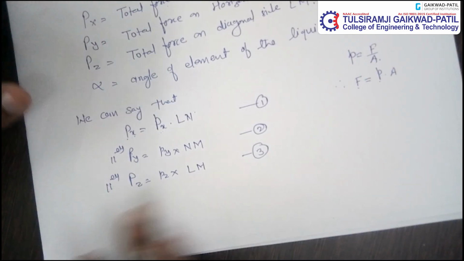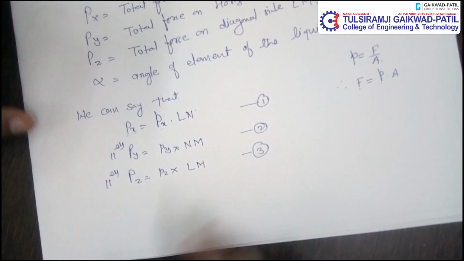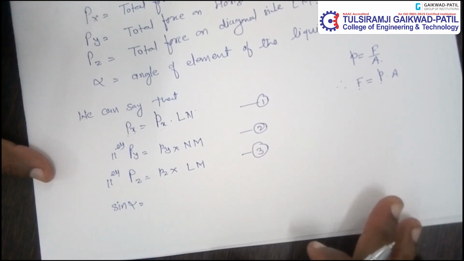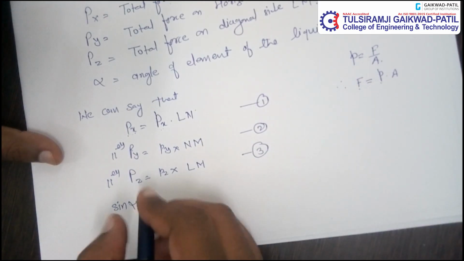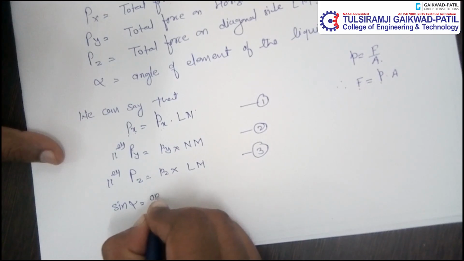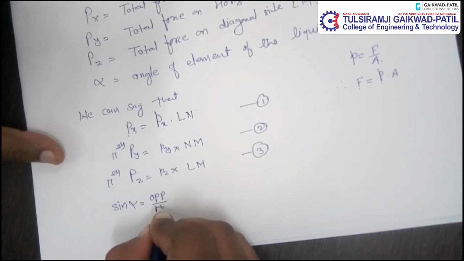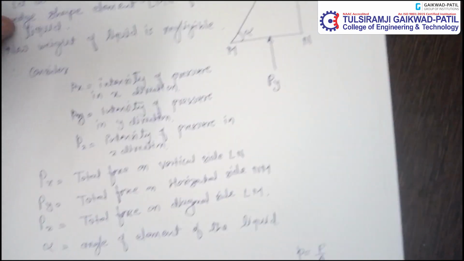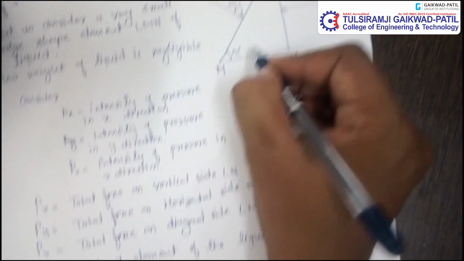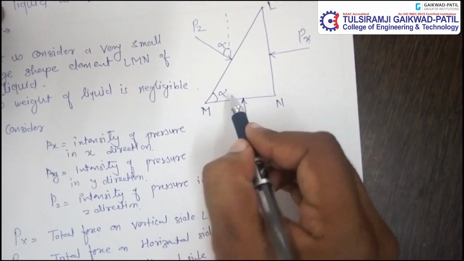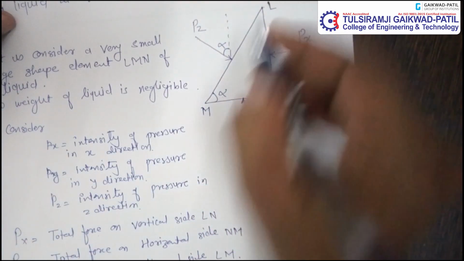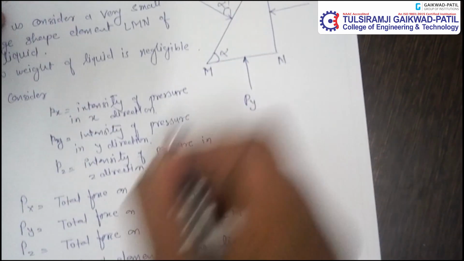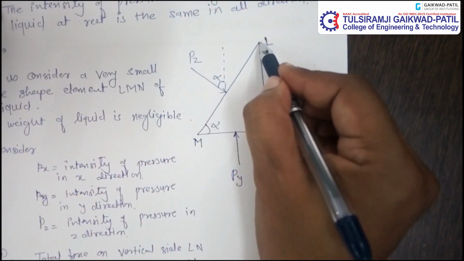Now sin alpha is what? Opposite upon hypotenuse. So where is alpha? Here is alpha, this is our alpha angle. So what is opposite of alpha? LN. So this is opposite LN upon what is hypotenuse? Hypotenuse is LM.